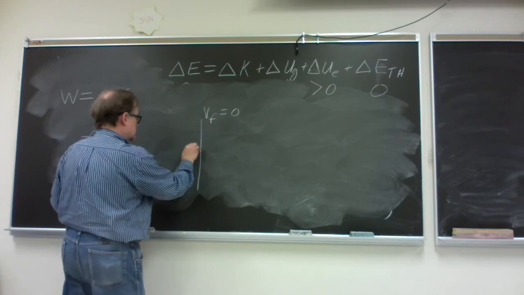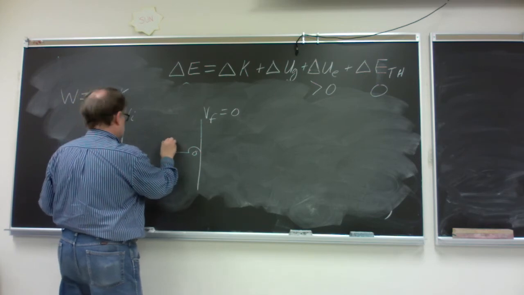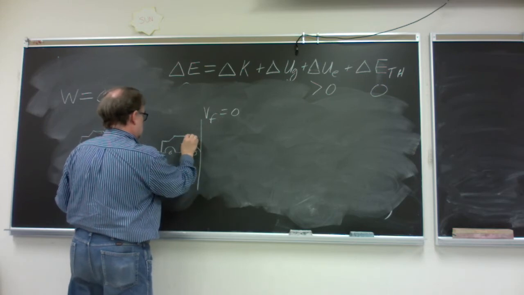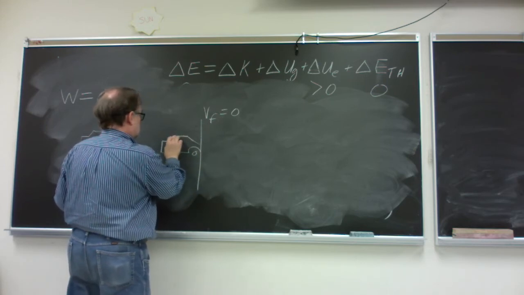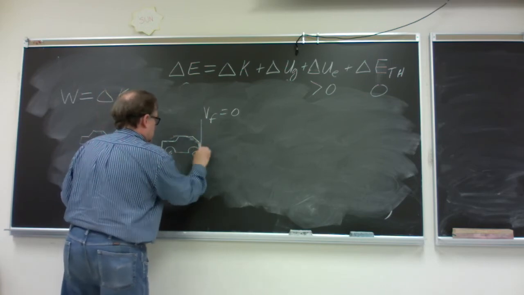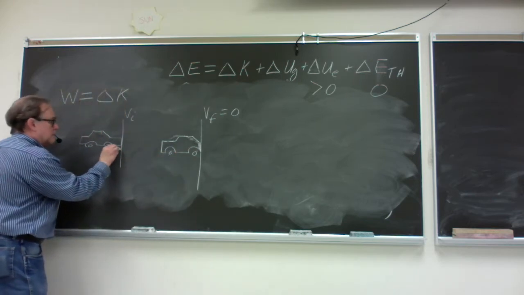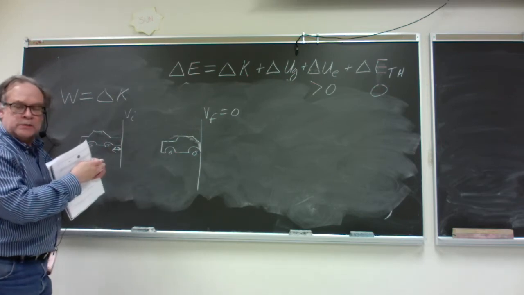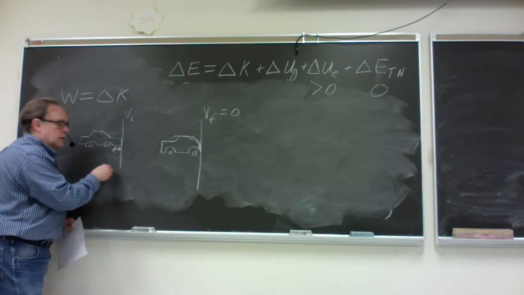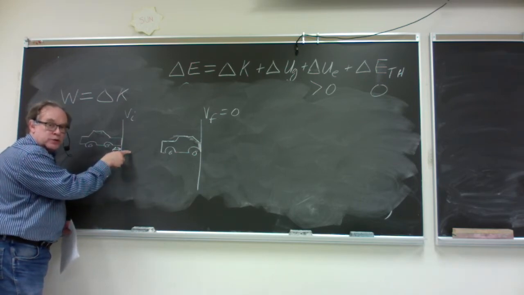Now this whole length of the car has been crumpled up and flat as a pancake. So the car traveled this distance while it was being brought to a stop.